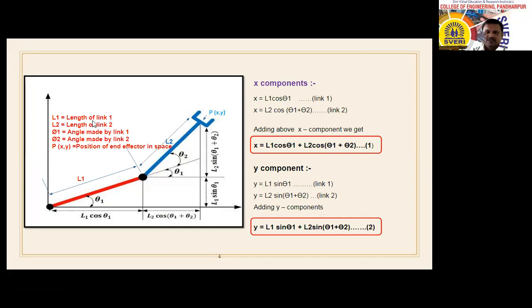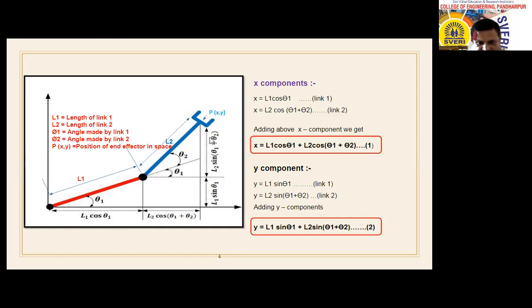Therefore, let L1 be the length of link 1, L2 the length of link 2, phi 1 or maybe theta 1, theta 1 the angle made by link 1, theta 2 the angle made by link 2, p of xy the position of the end effector in space. This is the end effector. Now this is L1, length of link 1, L2, length of link 2. This is theta 1, this is theta 2 with respect to theta 1.